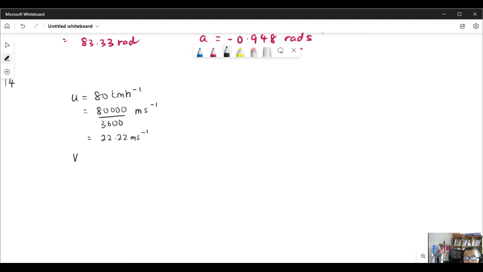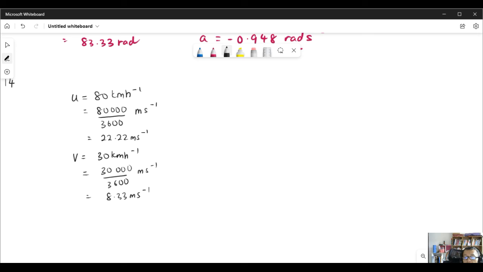Similarly, the final velocity is 30 km per hour. Convert it to meter per second, 30,000 divided by 3600. That will give you 8.33 meter per second.